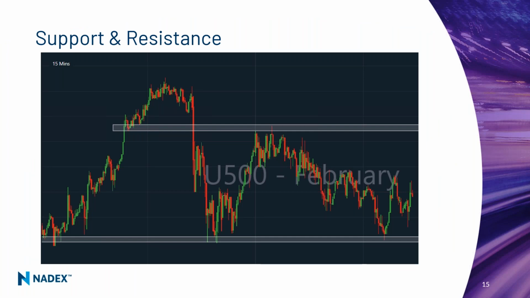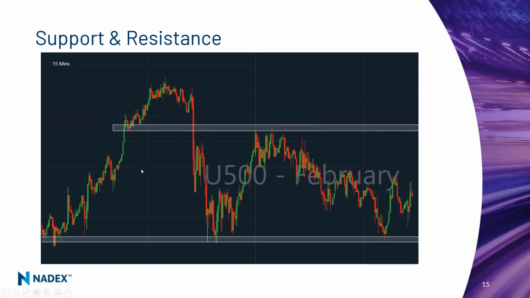Support and resistance. What are support and resistance levels? This really goes back to supply and demand. Where are there points on a chart where, when you take a step back, sellers tend to step in, or buyers tend to step in?